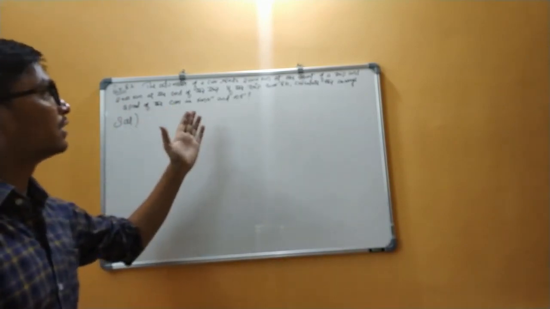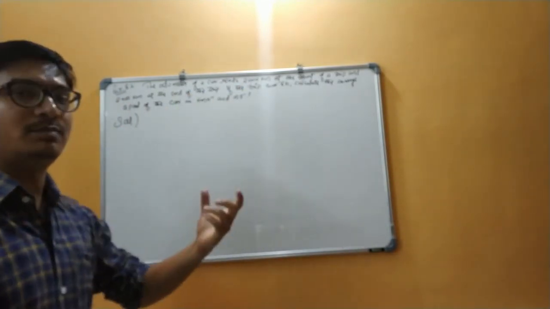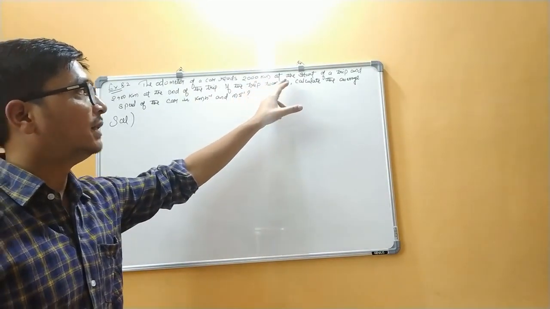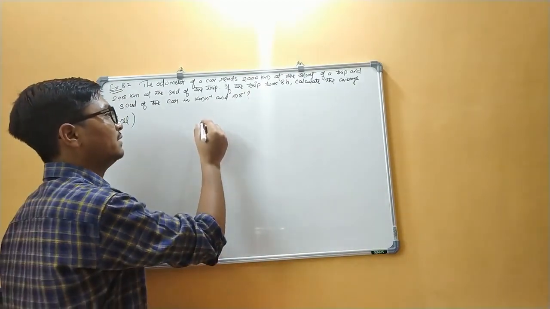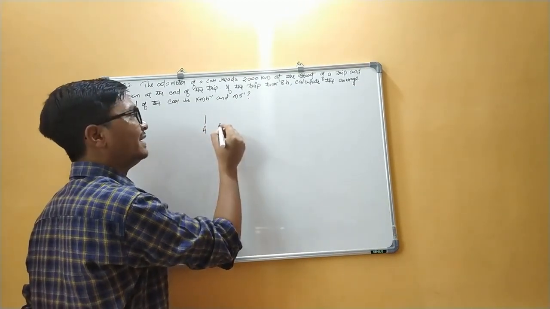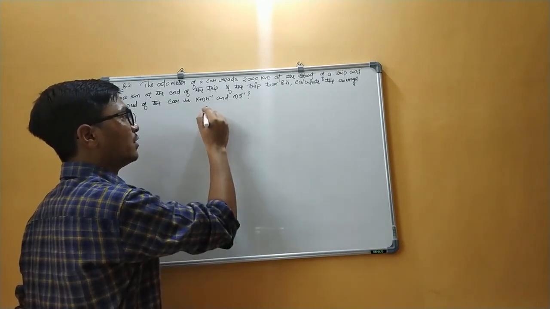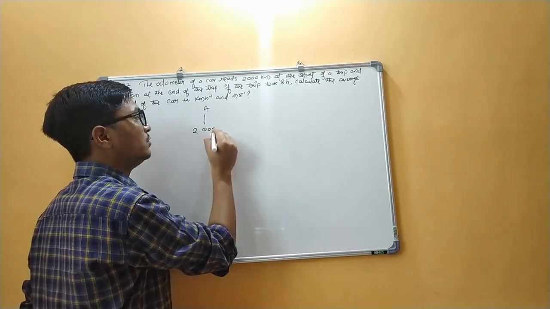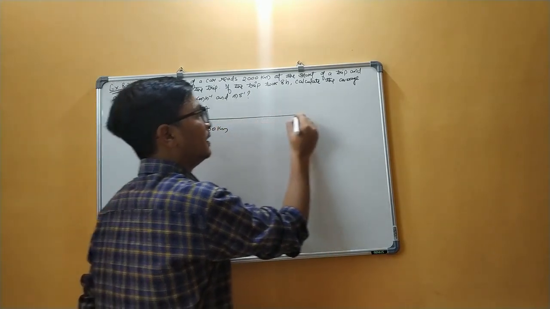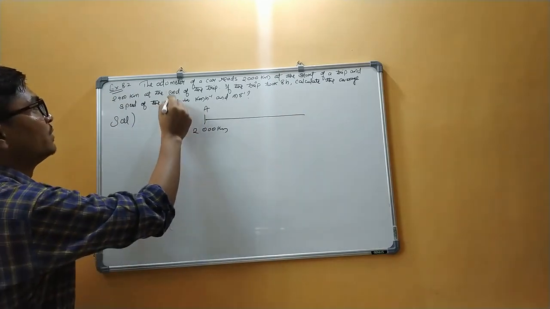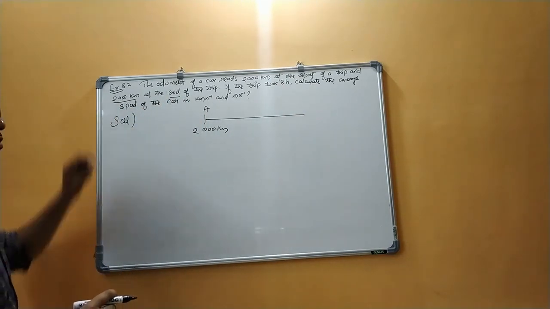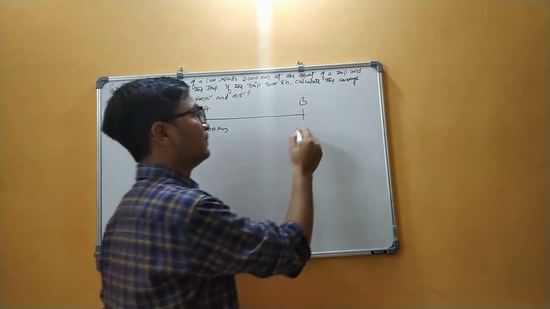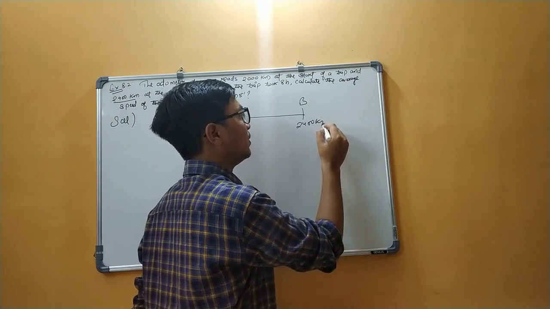The odometer of a car reads, odometer means the speedometer, understood, in the car. It reads 2000 kilometers at the start of the trip. Let's say a car starts from a point A with 2000 kilometers, and ends its trip at 2400 kilometers.